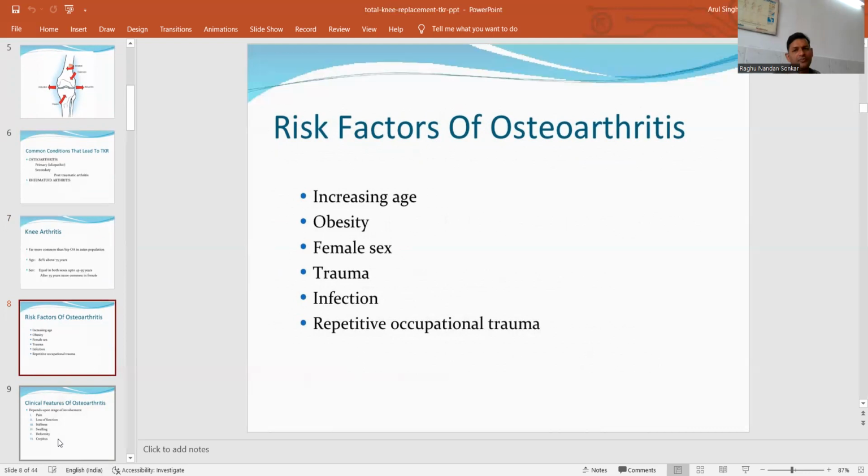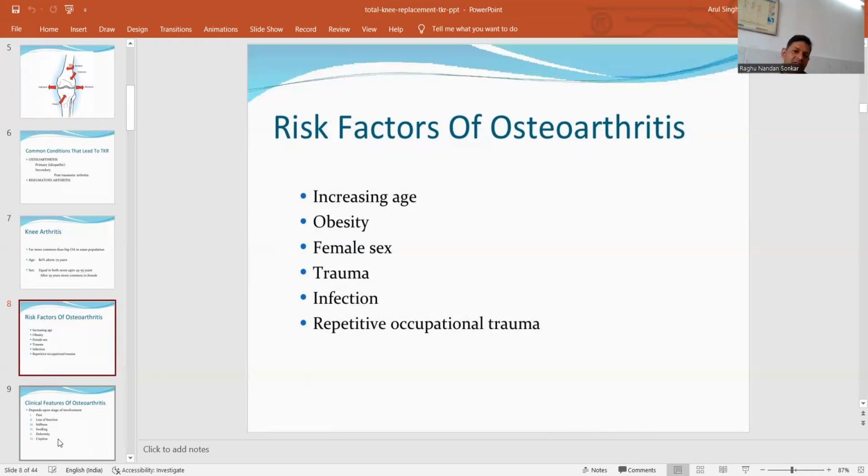Risk factors of osteoarthritis: definitely increasing age in senior citizen patients. Osteoarthritis may lead to an advanced stage. Obesity is a precipitating factor. Females are more commonly involved after 55 or 60 years.